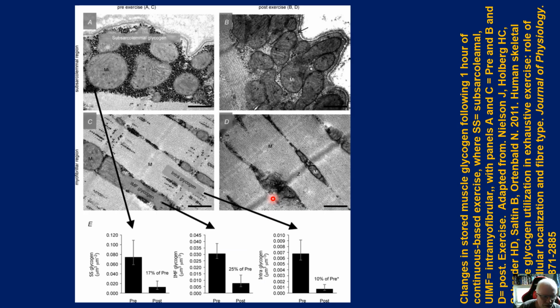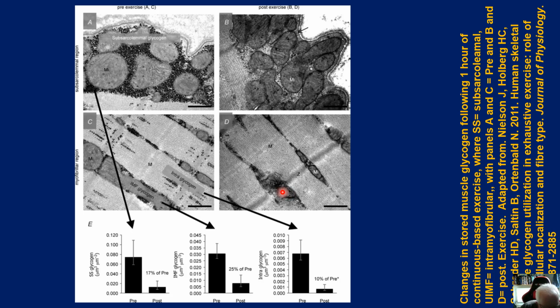And this example here is perhaps a little bit more difficult to see, but in this schematic we have changes under the electron microscope. So we've got different muscles, different muscle fiber types, but A and C are pre-exercise and B and D are post-exercise.